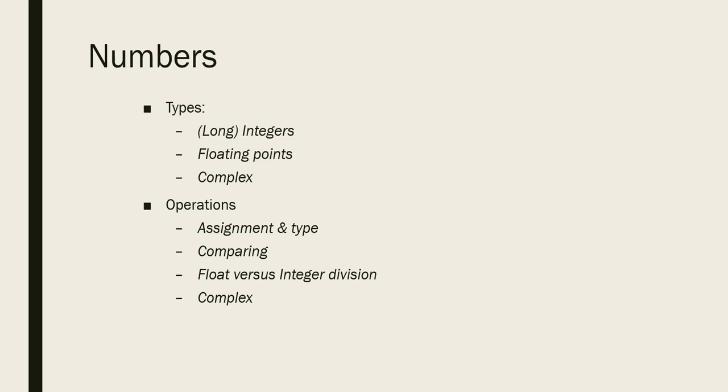And then you do some operations with numbers. Some of those operations are just mathematical, like you add two values together, or you divide one by the other, and some are more programming specific. The first one is assignment, where you basically use the equal sign to assign a value to your variable, and type, which allows you to check what that variable really stores.